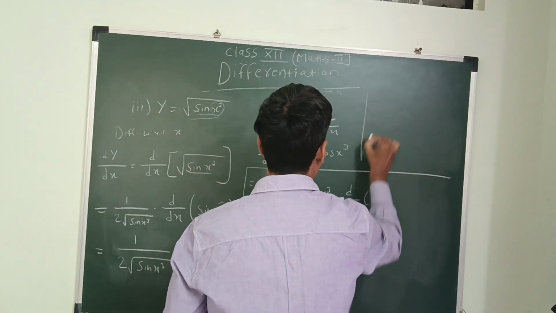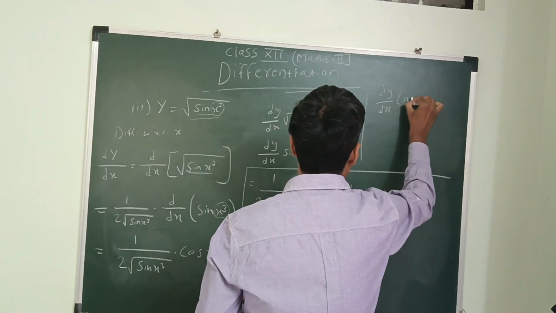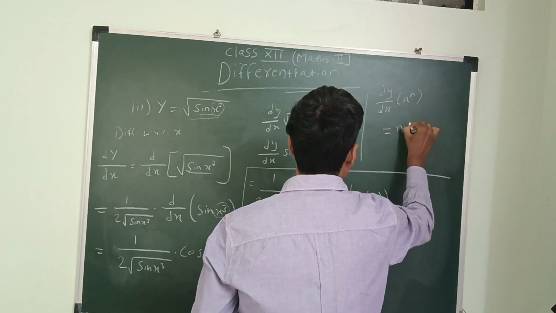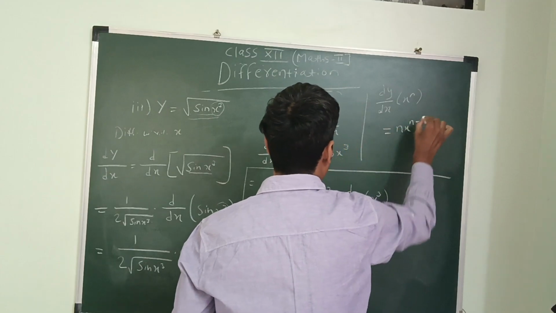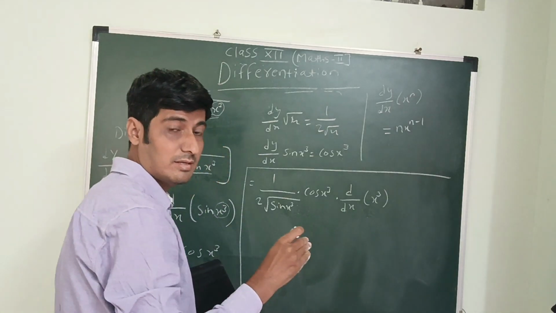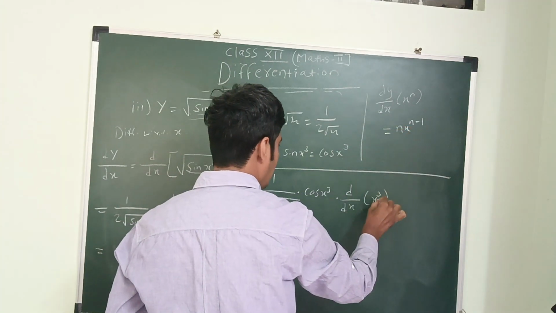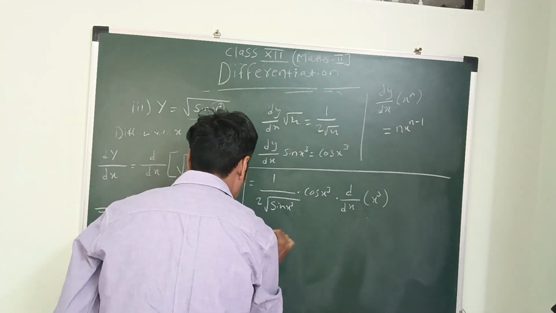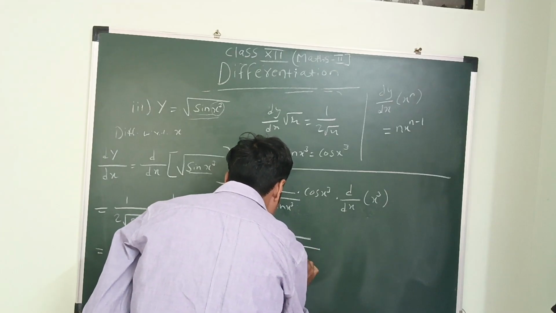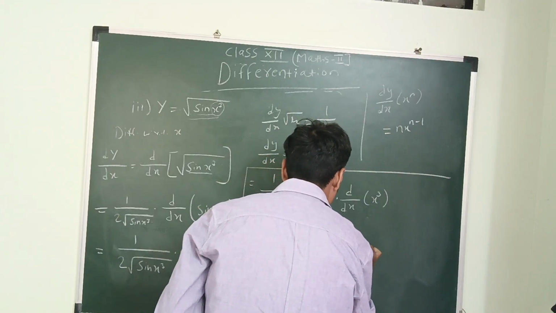Now what is the derivative of x raised to n? It is n x raised to n minus 1. We have to use this formula here.